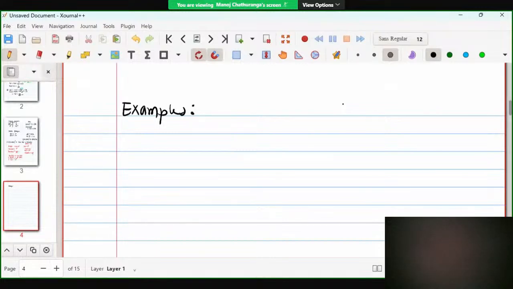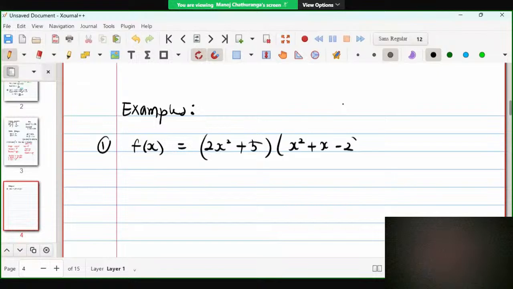Example. Think of these two factors. Now, to differentiate this, first of all, let's take the first factor.